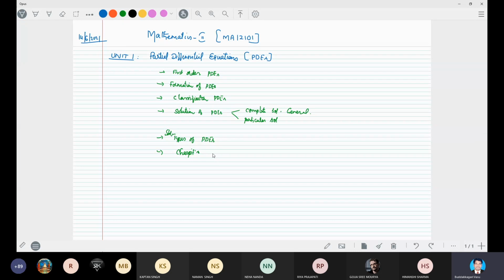This is one of the methods to solve first order differential equations. The standard types and Charpit's method aid in solving first order PDEs. After that, second and higher order PDEs.